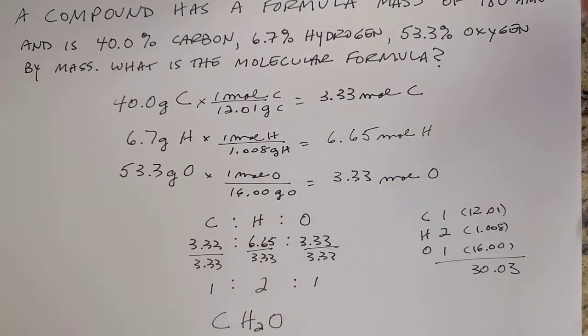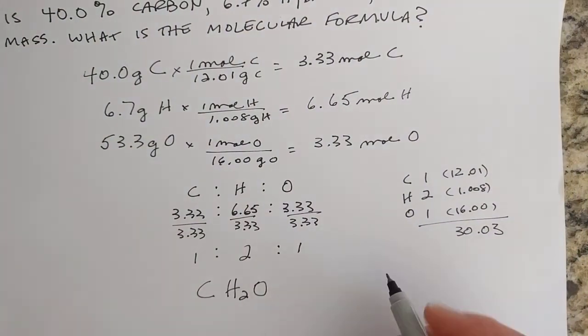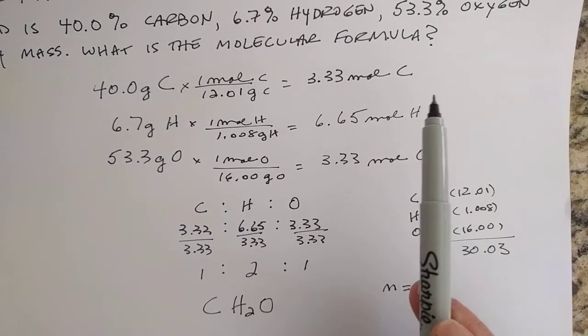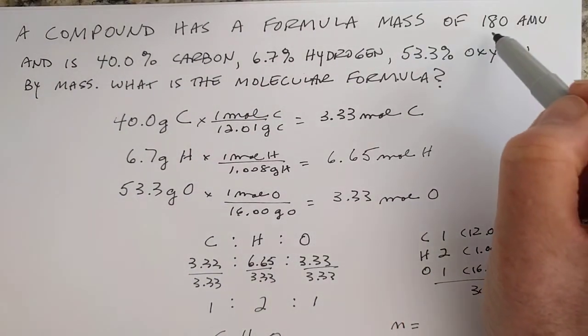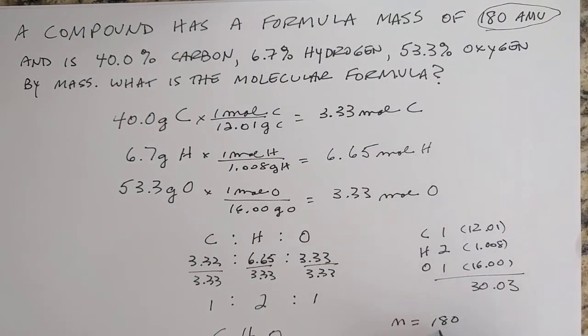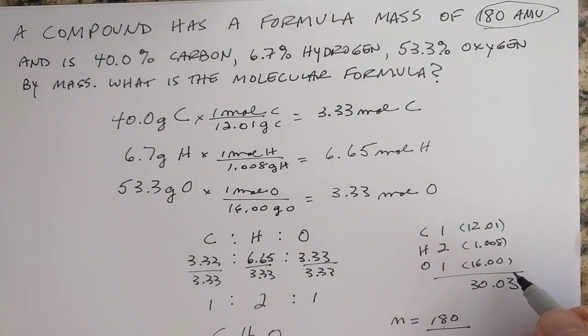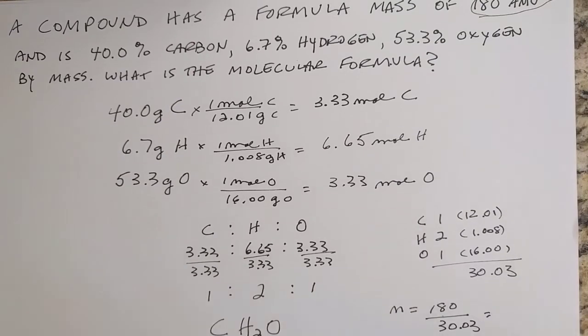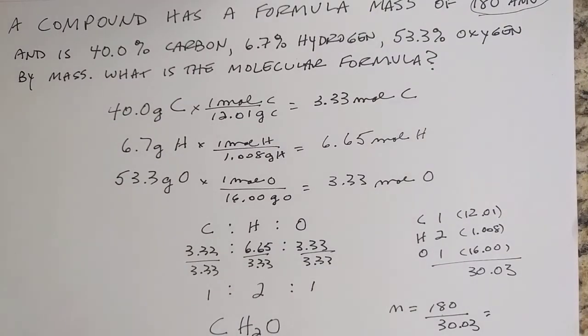Okay, now we'll calculate our N factor. So N equals the formula mass of the compound, and we're given that in the problem right here. So N equals 180 divided by the formula mass of the empirical formula, which we just calculated, 30.03. Okay, you can probably see what that is, but 180 divided by 30.03 equals 5.994.